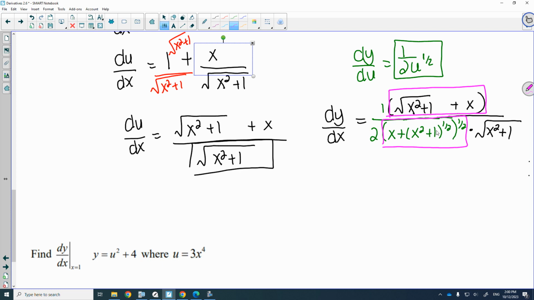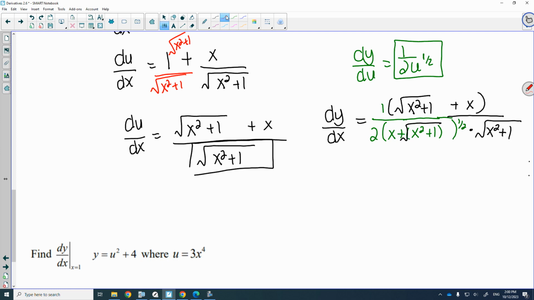Do you see how they're the same? Right now, this isn't written as a radical. So if I want this guy right here as a radical, you might be able to see it, that's really this. So look at this top. I've got x plus square root of x squared plus 1. I've got x plus square root of x squared plus 1.